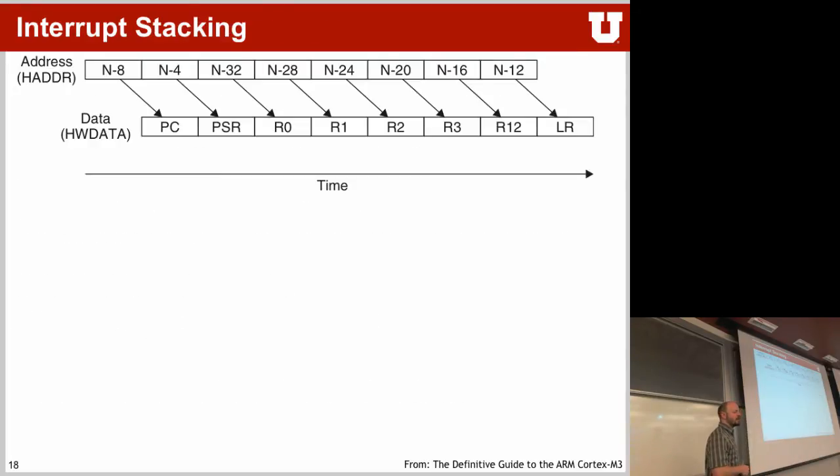If you look at a time scale, this is how we actually write it into memory. We first write the program counter, the PSR, then R0, R1, R2, R3, R12, and very last the link register. And they will be put into memory locations n minus 8, minus 4, minus 32, 28, 24, 20, 16, 12.